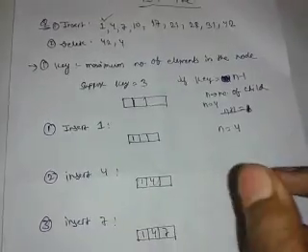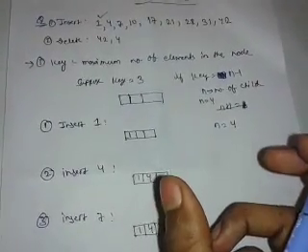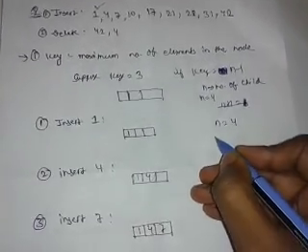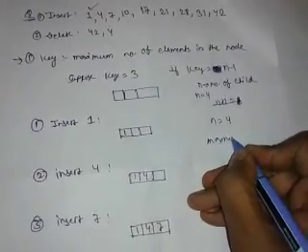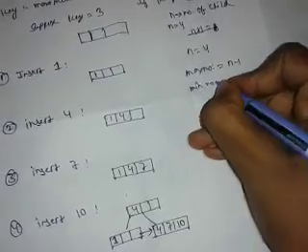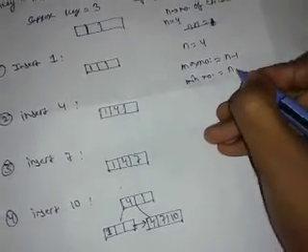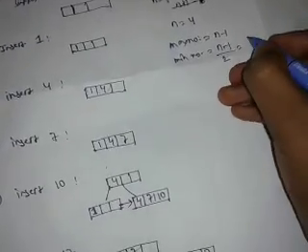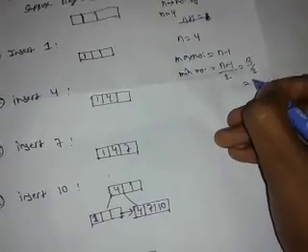It means we have a maximum of n minus 1 elements in any node, and the minimum number is equal to n minus 1 by 2, which is 3 by 2, which is 1 point something.